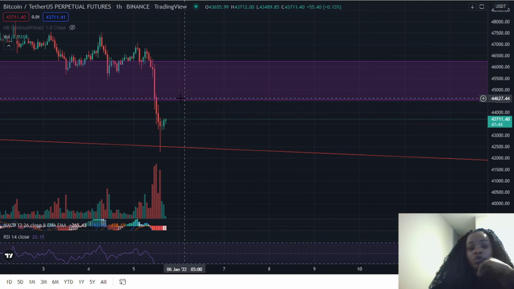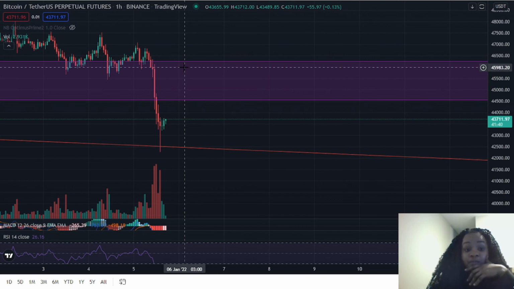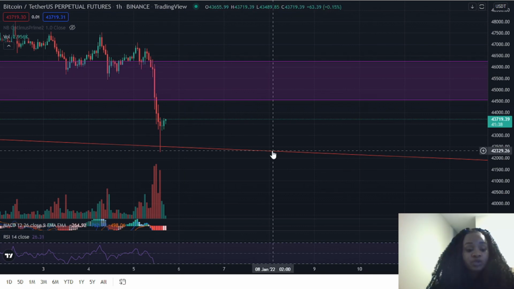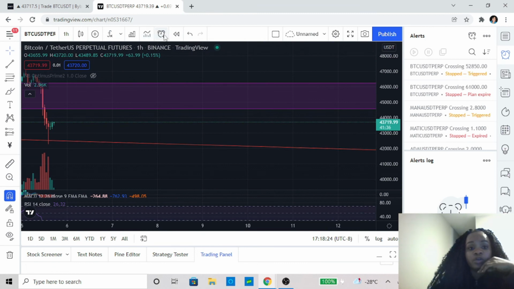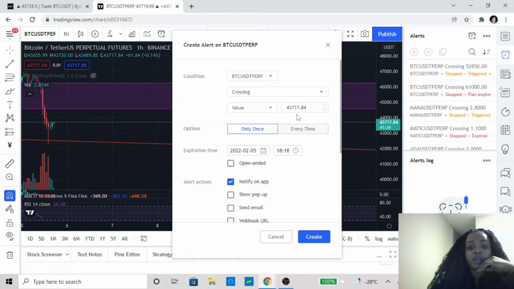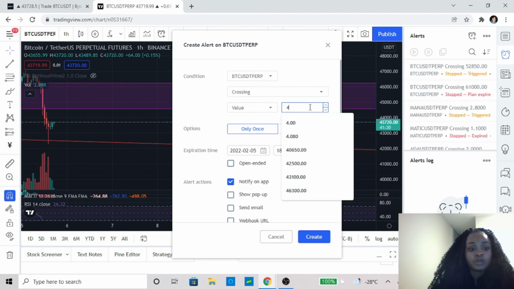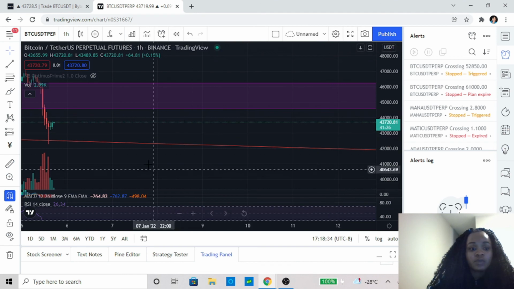So I'm just watching. I can actually set an alarm if I wanted to. You can do that on TradingView here. Go to alarm, and then you want to put the price that you're watching for.